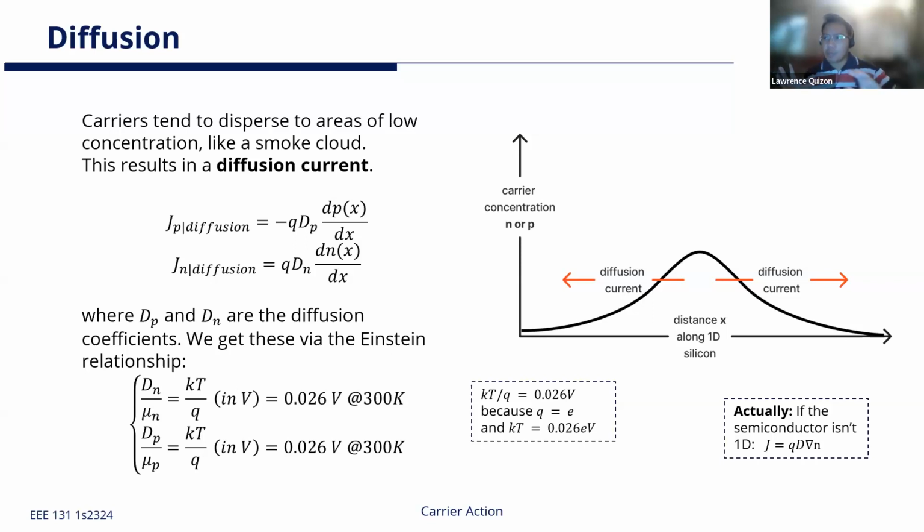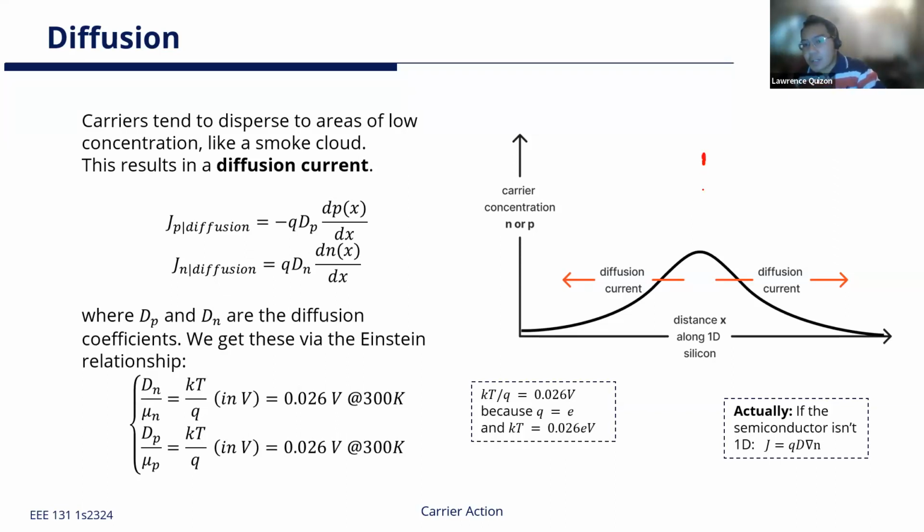So then, carriers actually have the same behavior when their concentration changes along the silicon. So for example, we have a one-dimensional block of silicon, and we have a carrier concentration here.